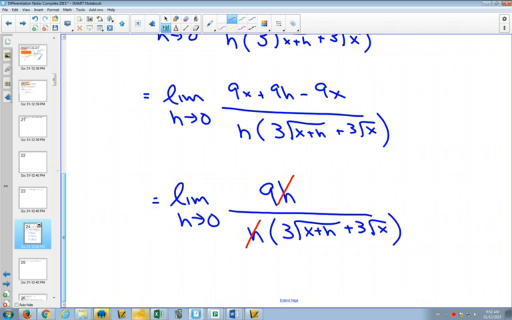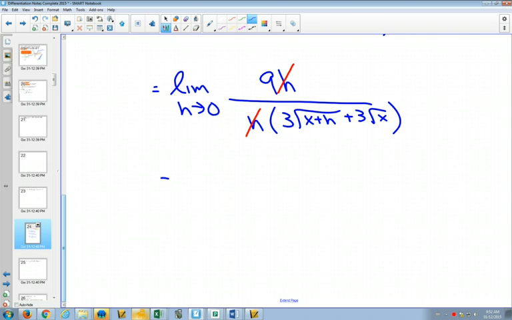And now we can simplify. The problem that we were having the entire time is we were dividing by 0 because of that h on the bottom. But now we can simplify that h away. And with that h gone, if you look at what's left, can I plug in 0 for h now and not have a problem? Yes.